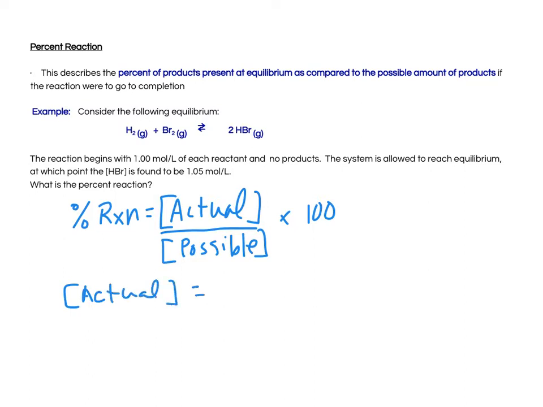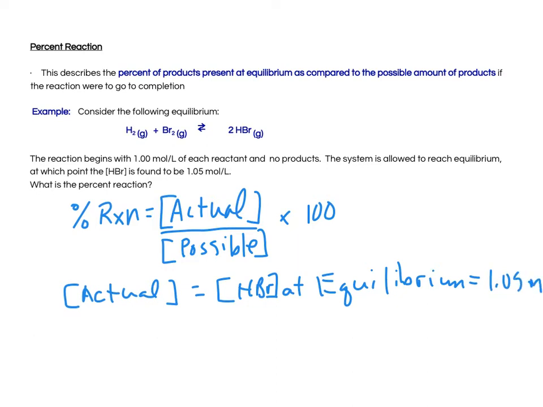They tell us at equilibrium, that's the concentration of HBr, and they tell us that's 1.05 moles per liter. Now, to get the possible amount of HBr that is produced, we're going to use our mole ratios.